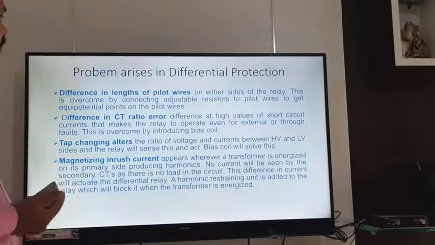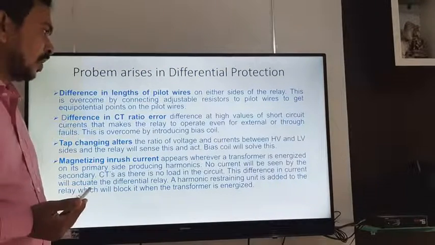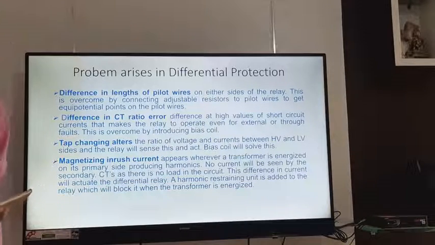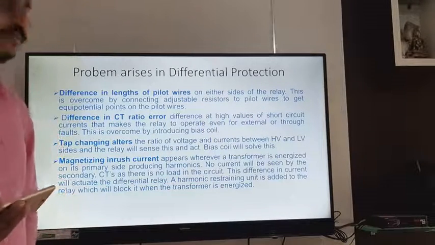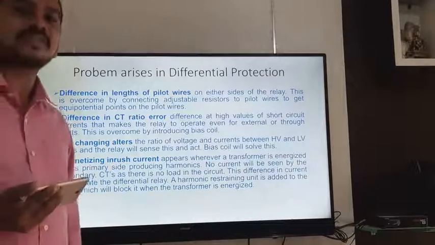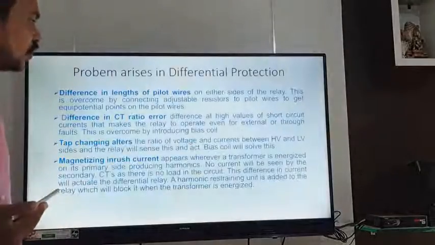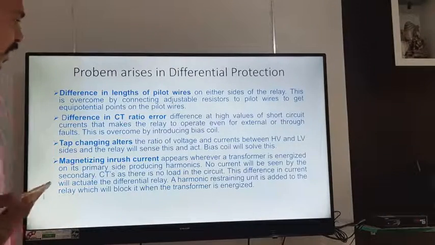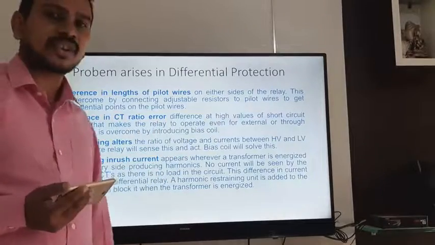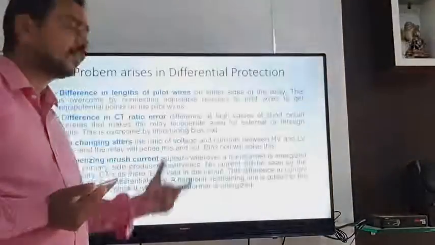Okay, second is the difference in CT ratio, at high values of short circuit current. When a high value of short circuit current flows, at that time due to saturation of the CTs, a CT ratio error occurs. For that we have to use a biased coil or restraining coil to overcome this difficulty.